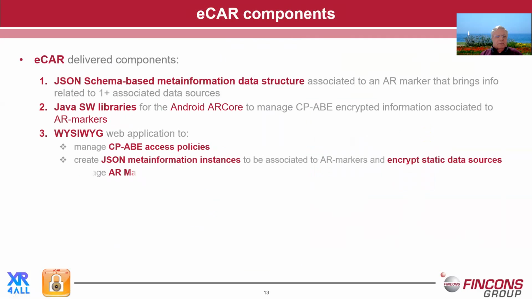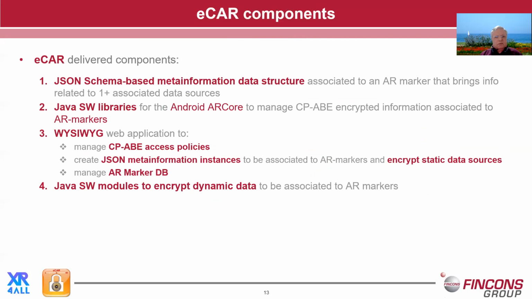The components that have been developed within the eCAR for All project are the JSON schema that must be used to structure the metadata to be associated to the augmented reality marker. Then we have a set of software libraries that must be used in combination with the Android ARCore framework to manage the encrypted information that has been associated to markers.